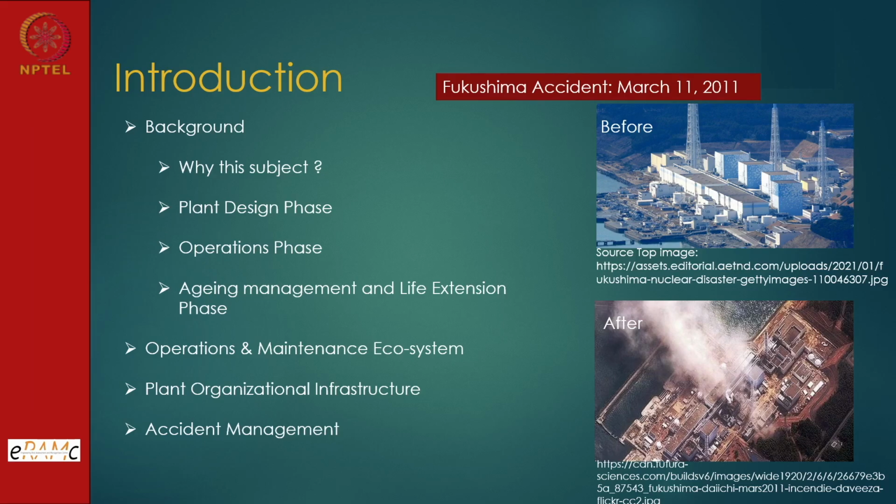So we must ensure the plant operates, number 1, for its deliverables, and number 2, for safety or a minimal acceptable risk level. Of course, in the design phase all these things are taken care of, all the provisions are there.